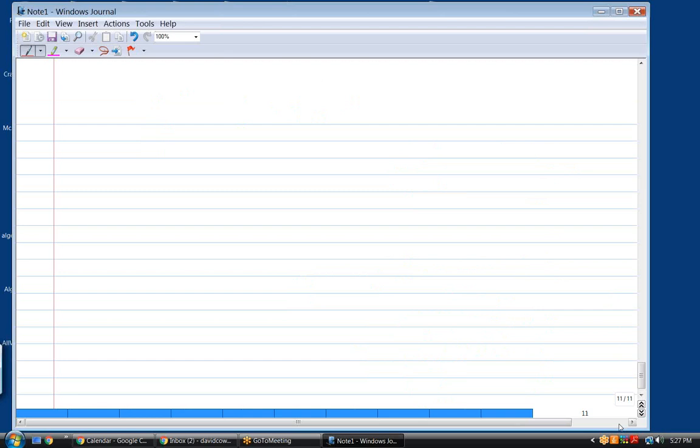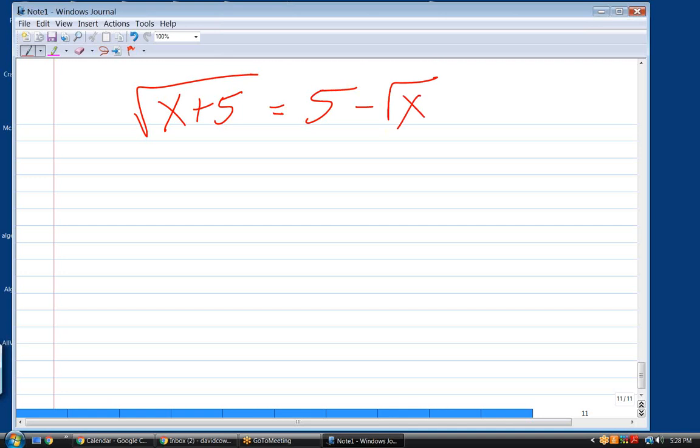All right, there's one other type of radical equation that is tricky. What should I do here?